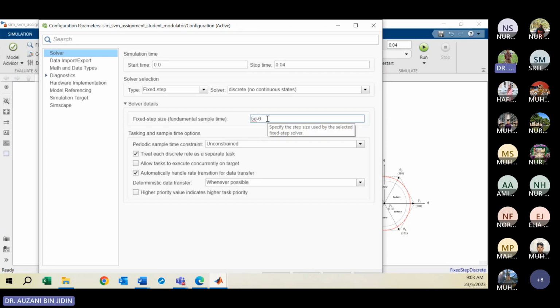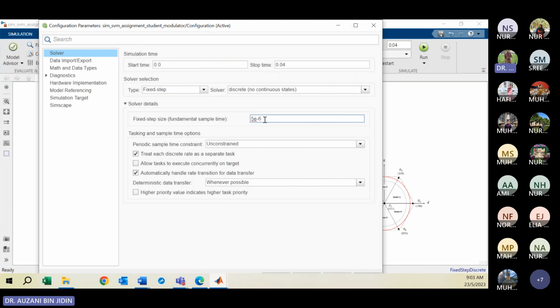One thing, stop time we set 0.04, means it just analyzes the cycle of the waveforms. Change to 5 micro. Maksud dia your sample time akan lebih panjang, so it will speed up your simulation running time.